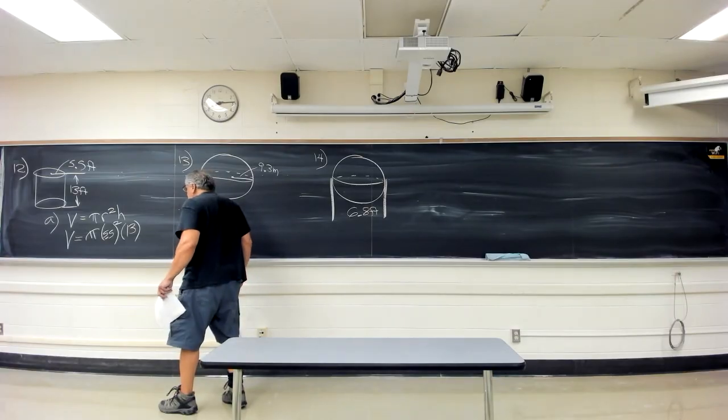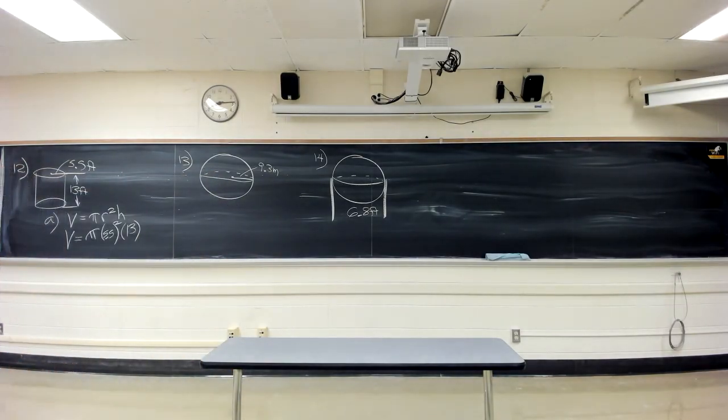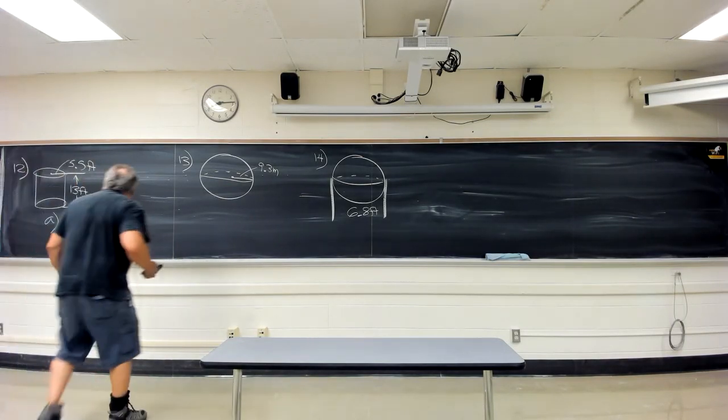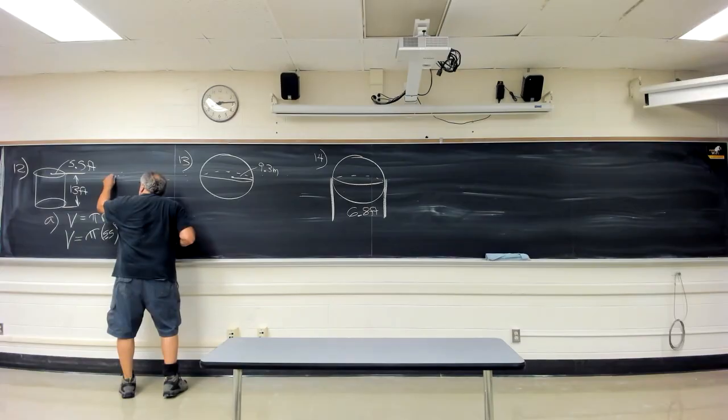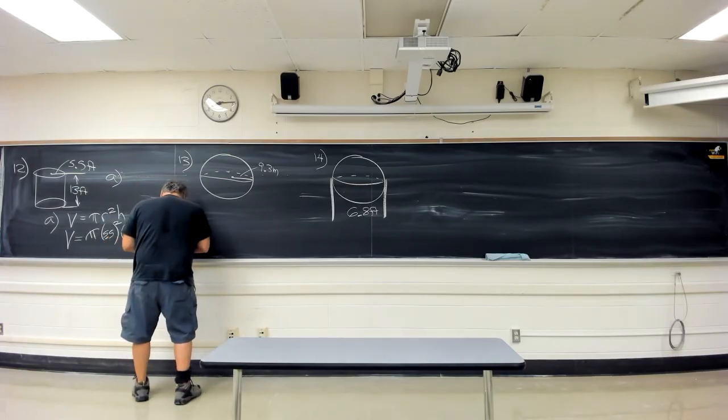I'm not trusting that. Let me make sure this is going to be right, guys. For A, you've got 5.5. You're going to square it, then multiply by 13, then multiply by pi.